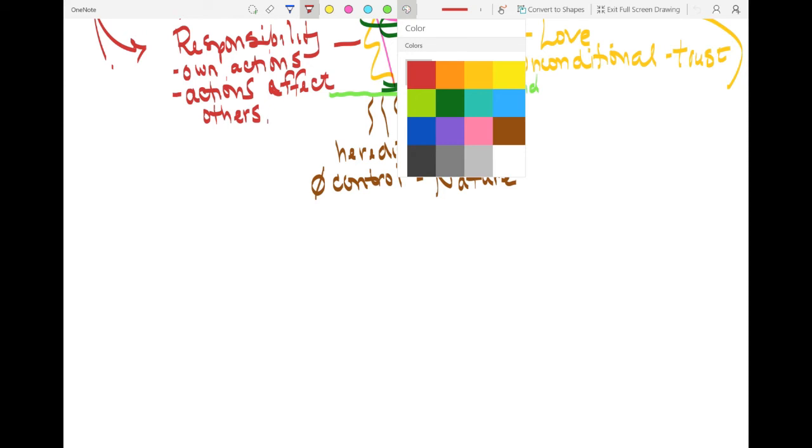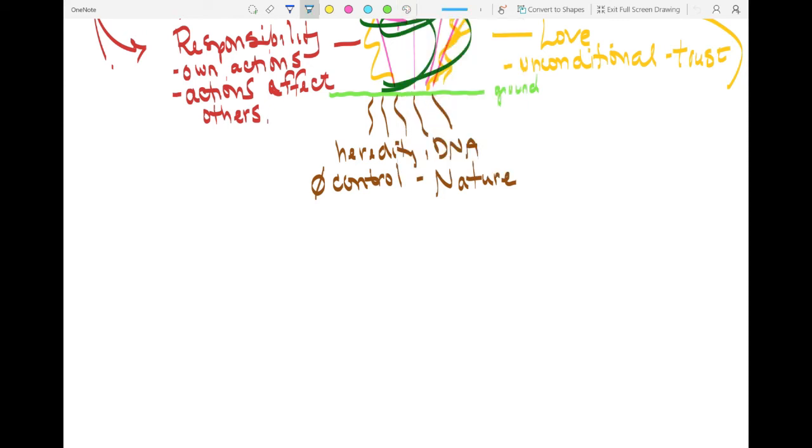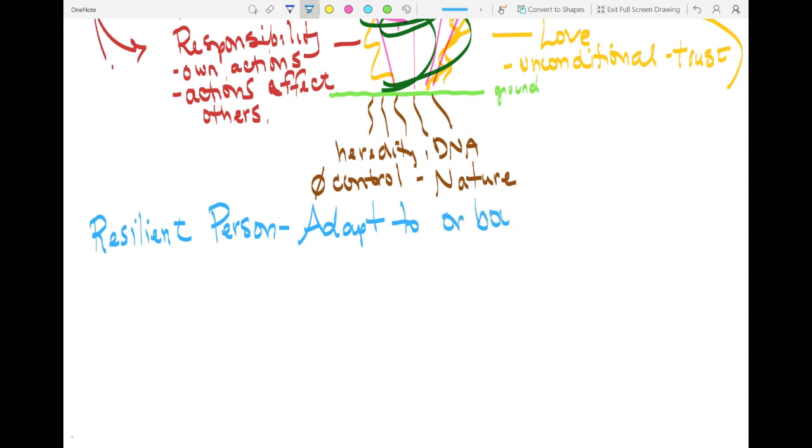Now, resilience is all about being able to adapt or bounce back from change, right? So adapting to or bouncing back from change.